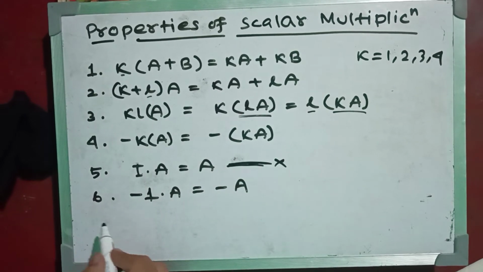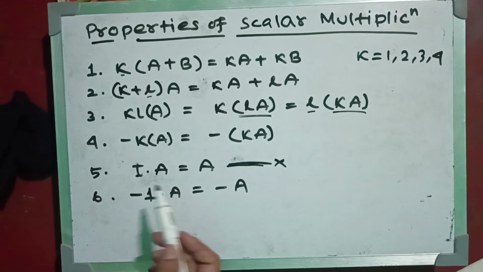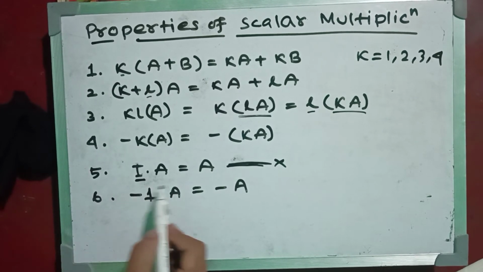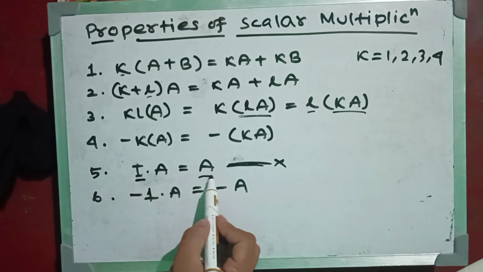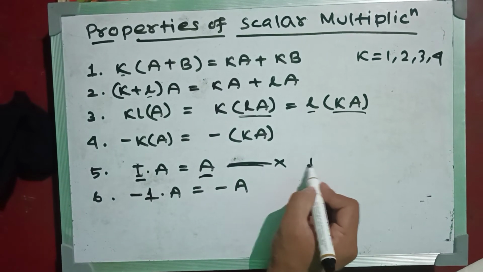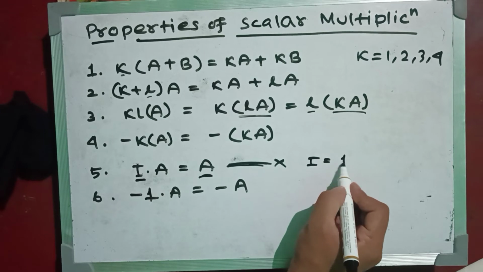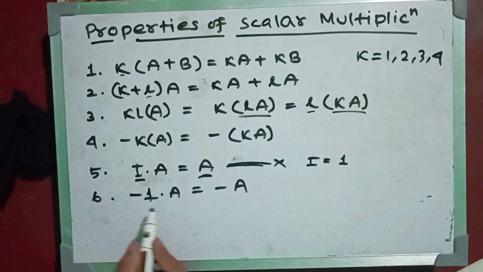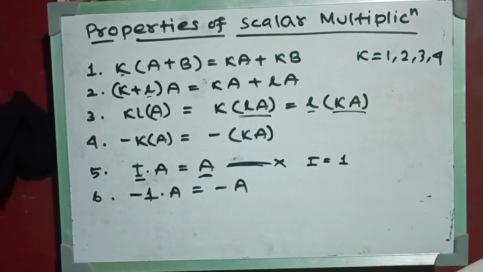If we multiply a matrix with an identity matrix, here I is the identity matrix, the answer will always be A. As you know, I is the matrix equivalent of 1. So if we multiply anything with 1, we will get the same thing. So minus 1 into A will be minus A.